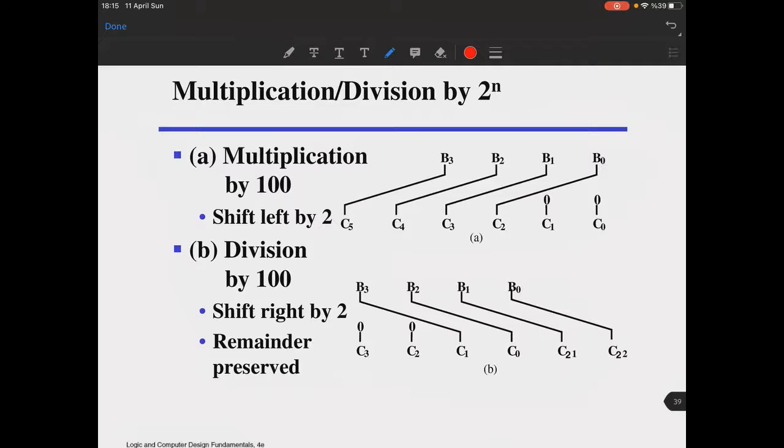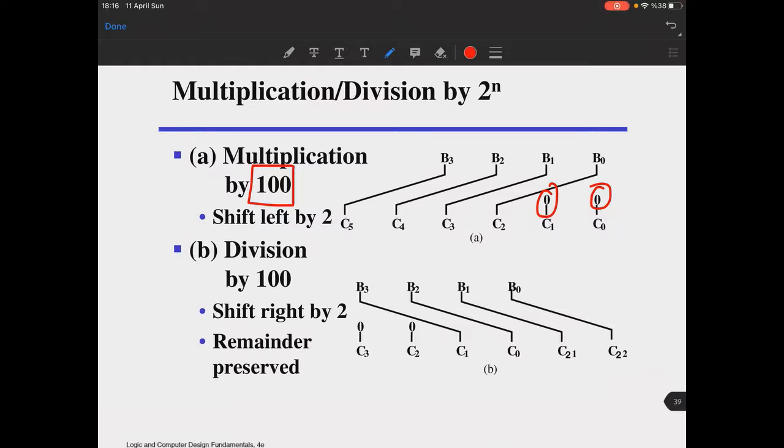When we make multiplication by powers of 2, we shift left. Okay, if we multiply by, for example, 4, it means that we directly shift left our value by two and provide some zeros here. It means that we multiplied the number with a fixed value, which is 4, or division is going right, and the remainder is preserved here.